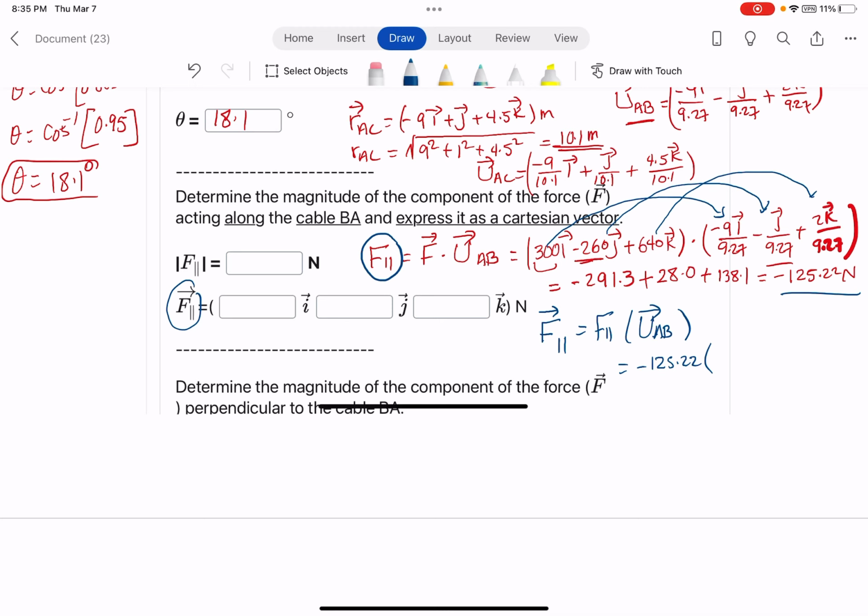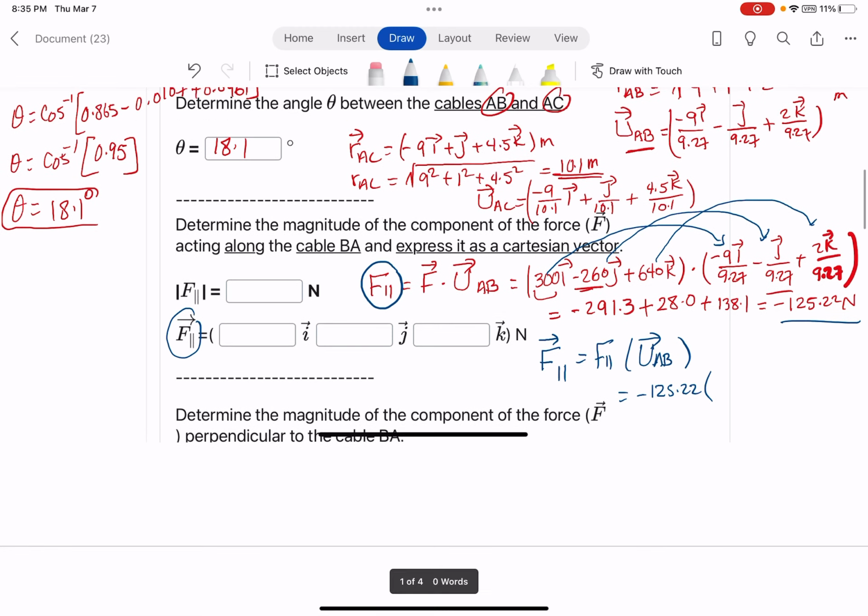Unit vector AB, it is minus 9 over 9.27, minus J, plus 2K. Okay, so we have now the force in vector format.